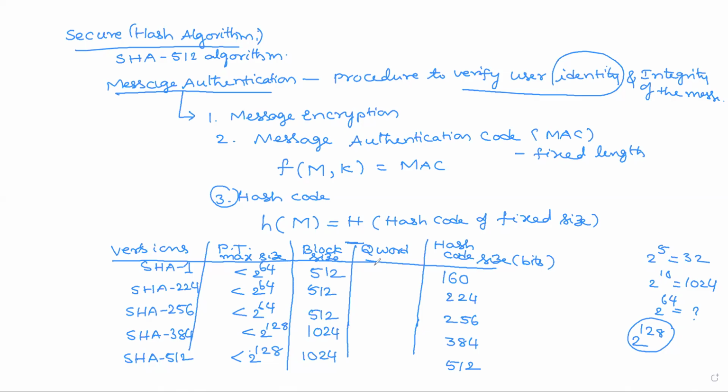So we call them keywords. For the first three versions, the word size is 32 bits. All these are in terms of bits only. So this is also 32 bits, and this is 64 bits. The last two are of 64 bits.